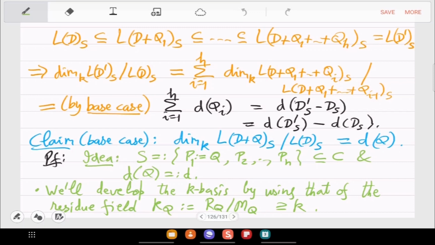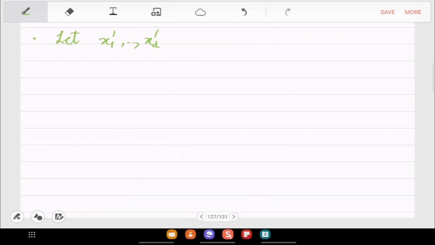So you get d many. So let x1 prime to xd prime be the k basis of kQ, the residue field, when seen modulo mQ.